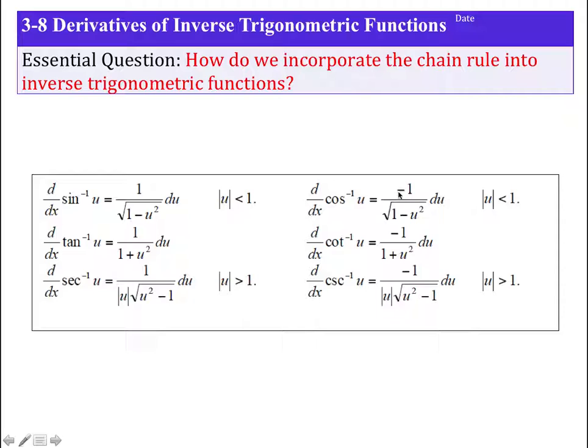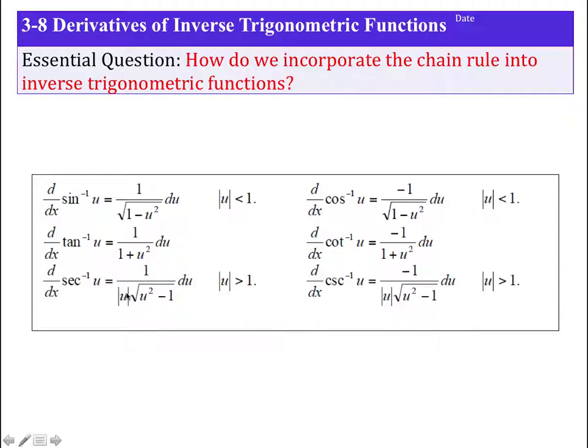So notice that negative follows the inverse cosine as well. Tangent doesn't have a radical, it just has 1 plus u squared, like leg squared plus leg squared. And cotangent is just the negative of that.